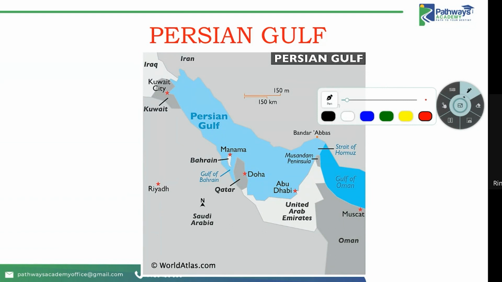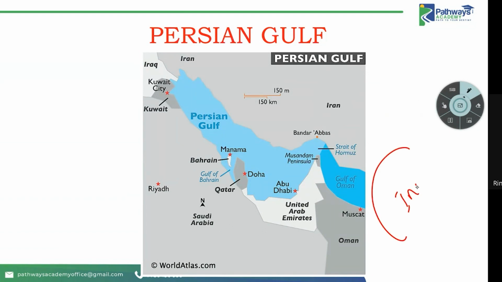Then this part is the Indian Ocean. Actually, the Gulf of Oman is part of the Indian Ocean. The Gulf of Oman is connected to the Persian Gulf through the Strait of Hormuz. If you are sitting in the UPSC examination, you will be confused between the Strait of Hormuz and the Bab-el-Mandeb. That's why I gave that clue.